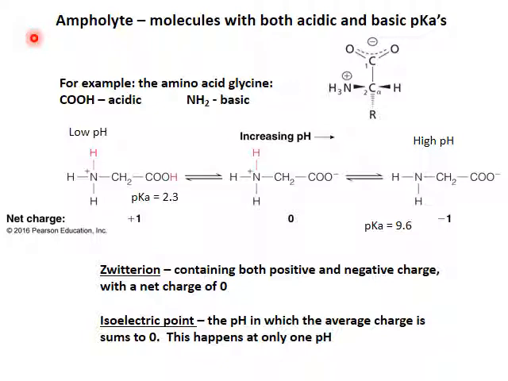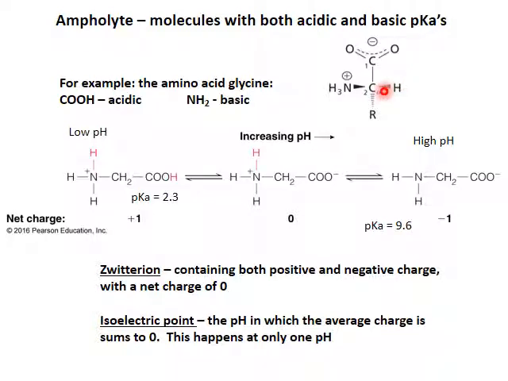But a lot of biological molecules have both acidic and basic groups attached to the same molecule. And so we call these molecules ampholytes. They have both acidic and basic groups, with acidic and basic pKa's. One of the large classes of biomolecules that have these features are amino acids, and that's shown here.